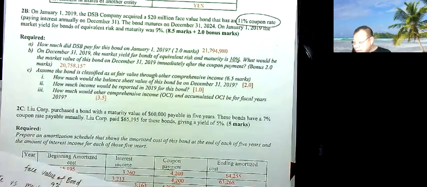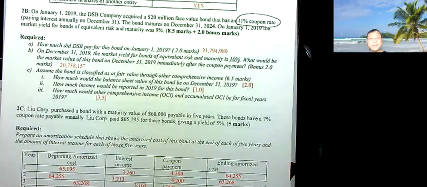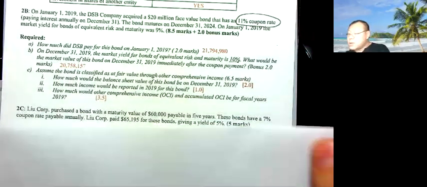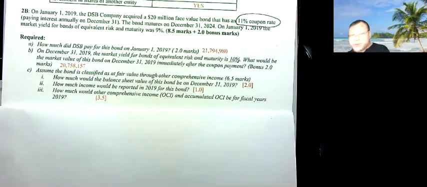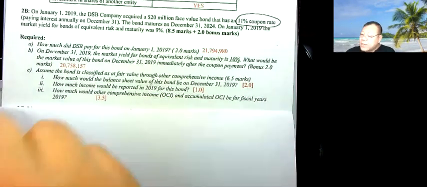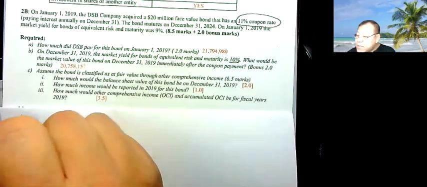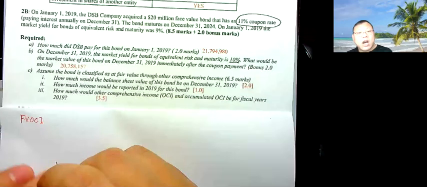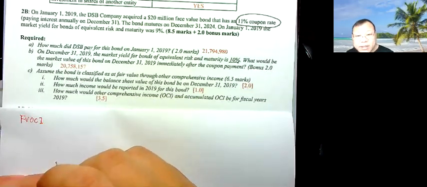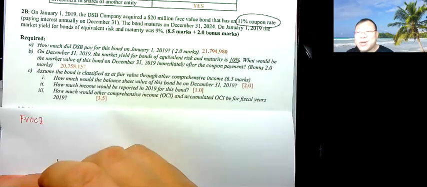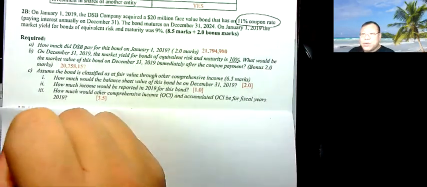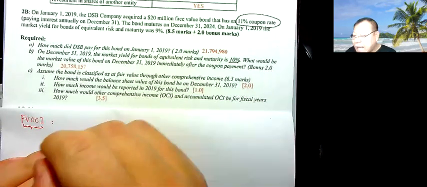Okay, so that's my second question. Okay, last question. So assume the bond is classified as FVOCI. How much would the balance sheet value of the bond be on December 31st, 2019? Well, under this model, you have to report your bond at fair value.